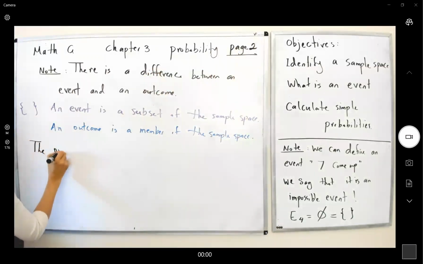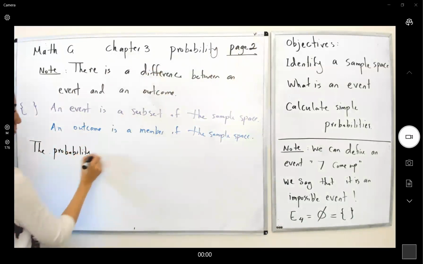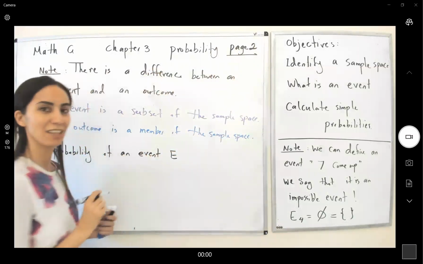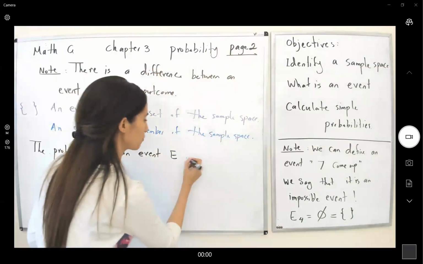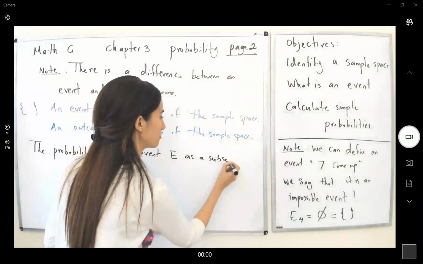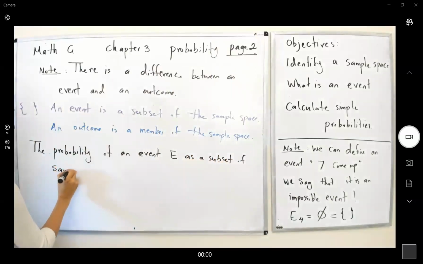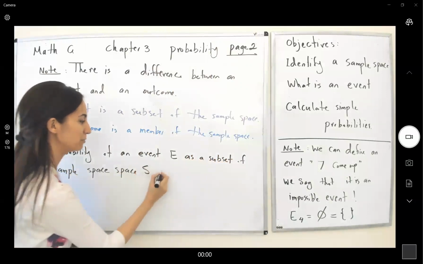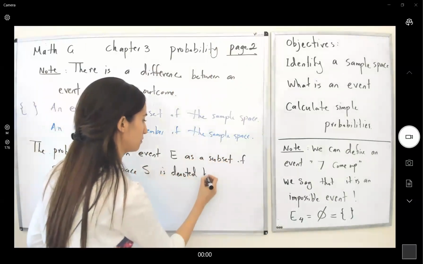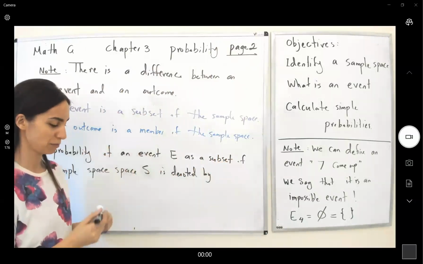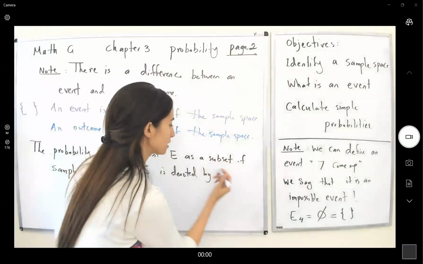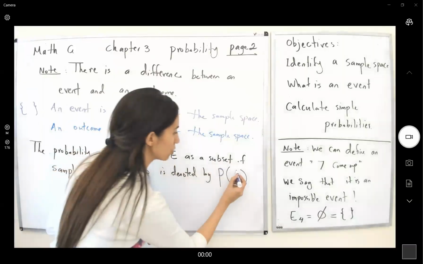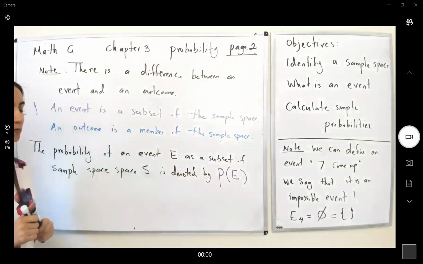The probability of an event like E. Suppose we have an event like E, and we have the sample space S, with E a subset of sample space S, is denoted by P of E. So you're going to use P representing the probability of event E. You're going to write down event E inside parentheses, and it is defined.